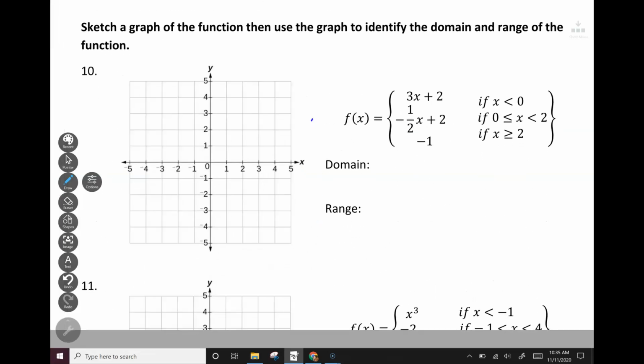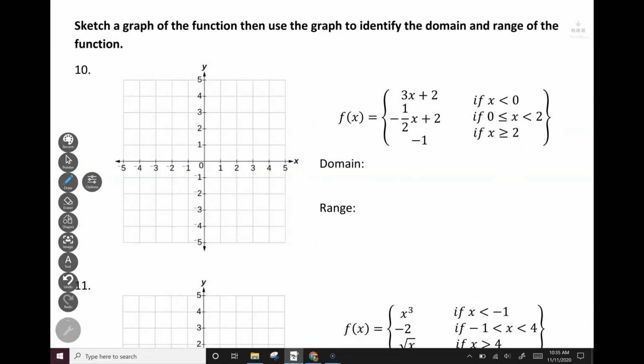Okay, so let's look at some examples. So this first one, you see you have the 3x plus 2, but only if x is less than 0. That line only applies if x is less than 0. And then you have a different line, so different slope, right here, if x is greater than or equal to 0 and less than 2, so between 0 and 2.